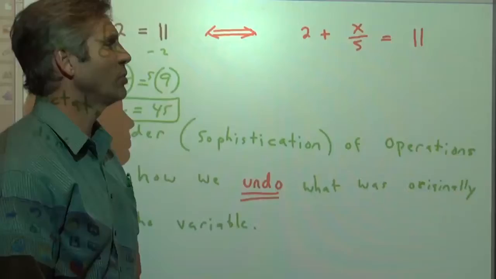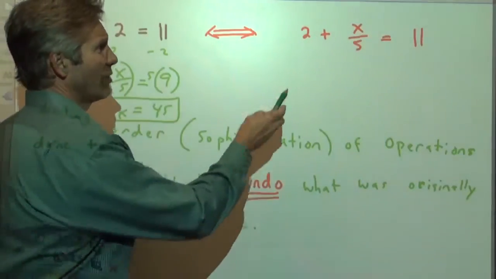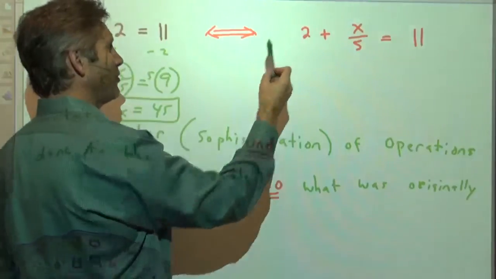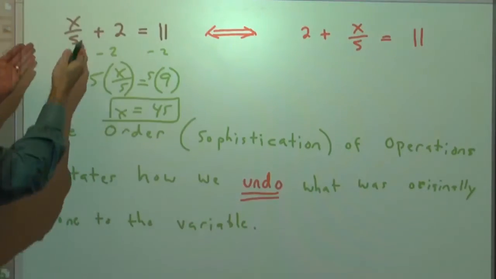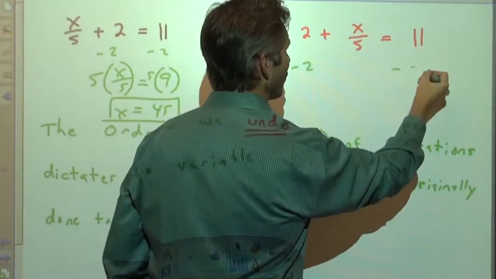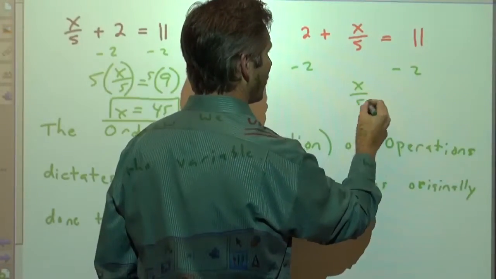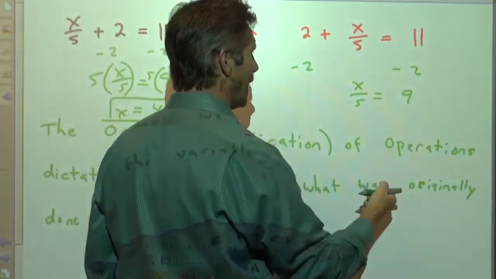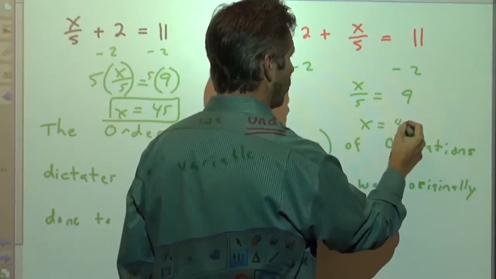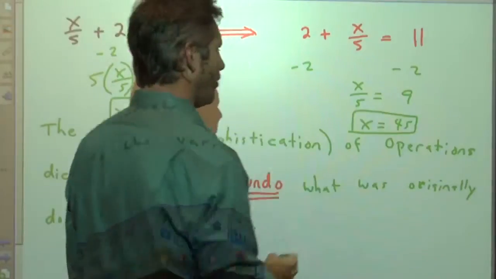Then you could add 2 to that number. And since what happened first was division by 5 anyway, and then we added 2 to that result, it's really the same problem. So to undo this, we subtract 2 from both sides. We're still left with x divided by 5 is equal to 9, and we still multiply both sides by 5 to end up with x equals 45.